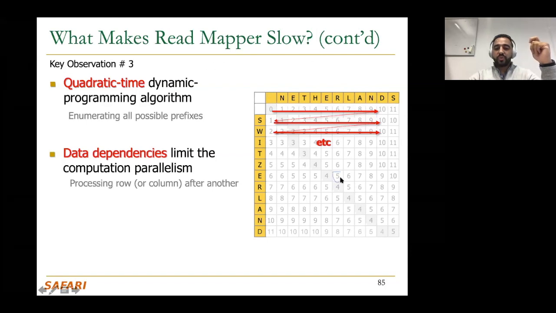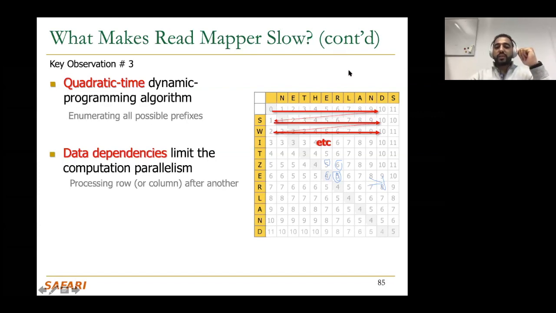So if we want to compute this, we need to go check this value, and this value. And then we pick the maximum, for example, or the minimum, depending on the algorithm we're using. And then we can compute this. And same thing, when we compute this, we need to check this cell, and that cell. That will impose an order in the computation, or the way you compute this dynamic programming table.